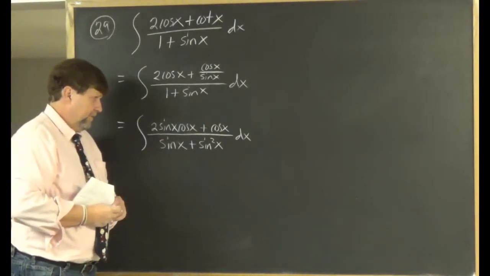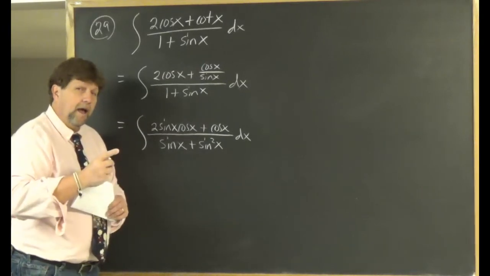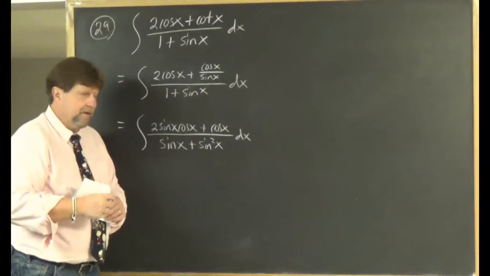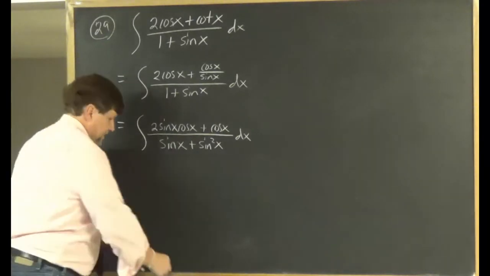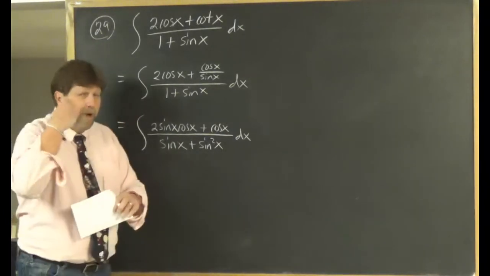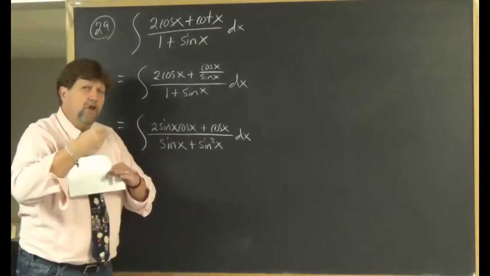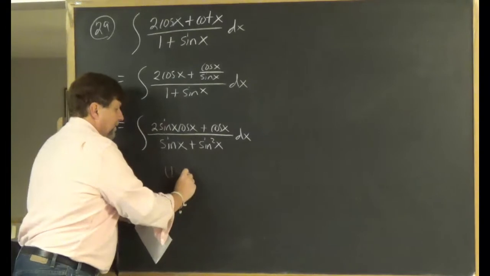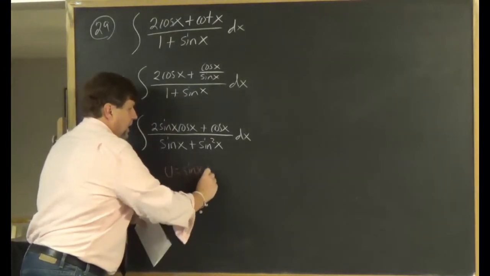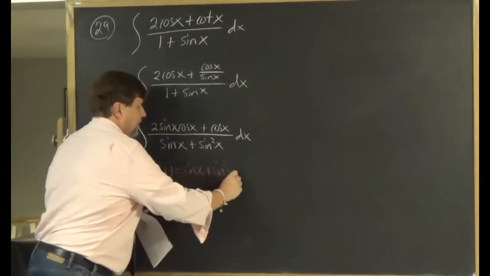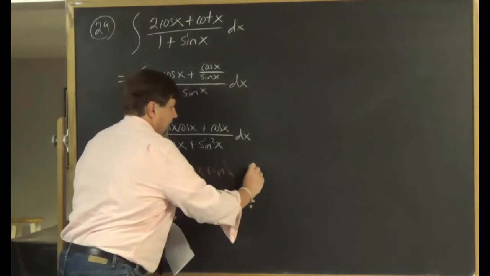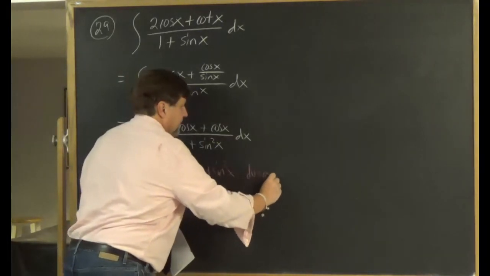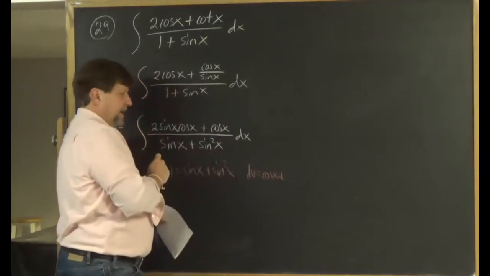I'm going to try a basic u sub. I see something here. What I'm visualizing is if I let u equal the denominator, I know the derivative of sine x is cosine x. I see a cosine x here.